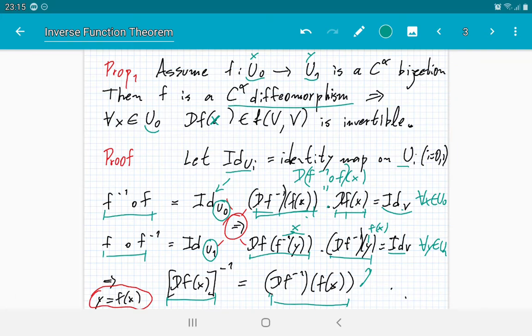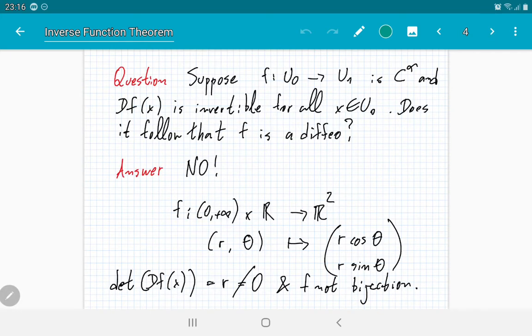Okay, so this is a necessary condition for a C alpha bijection to be a diffeomorphism: that the derivative operator at all points x is invertible. However, that's far from being a sufficient condition.